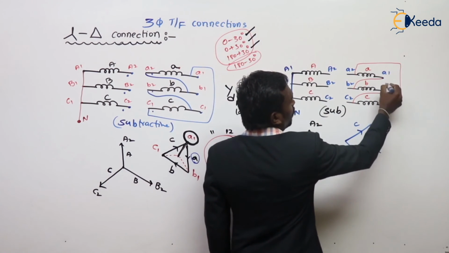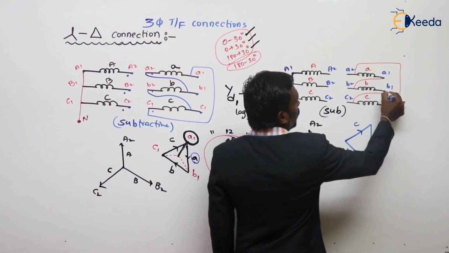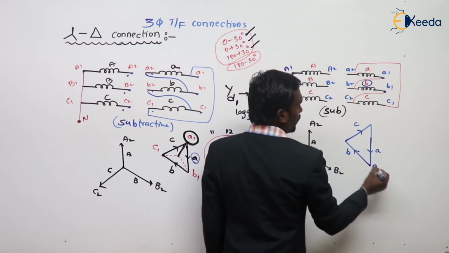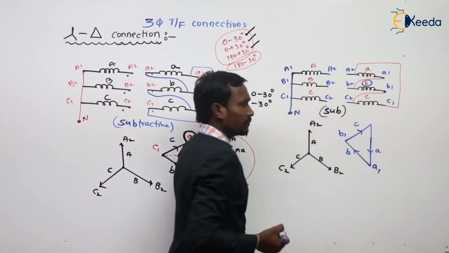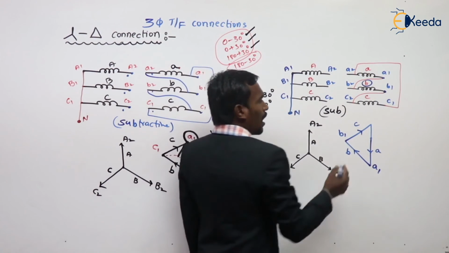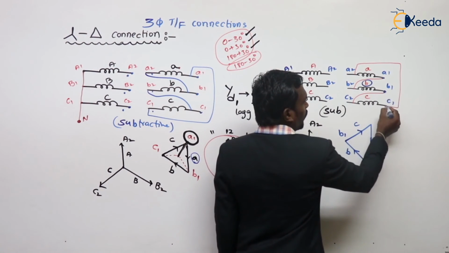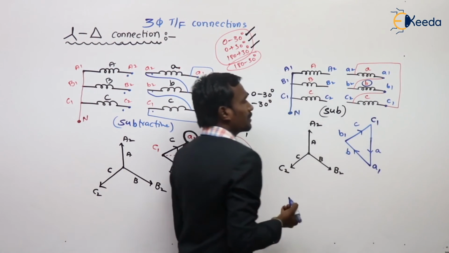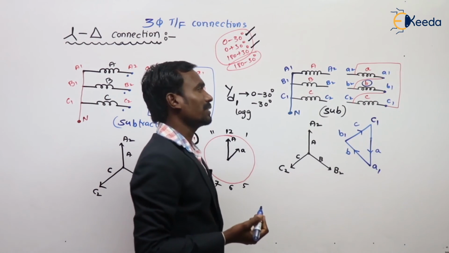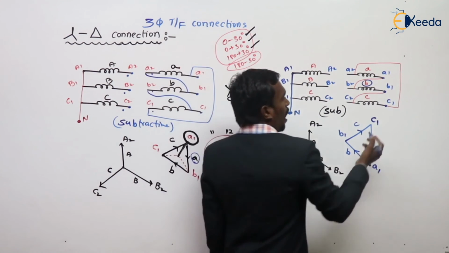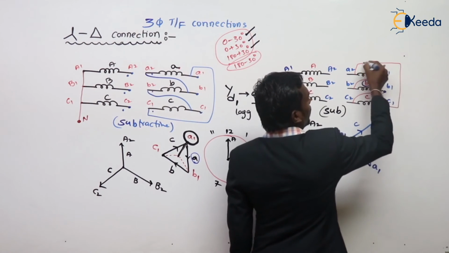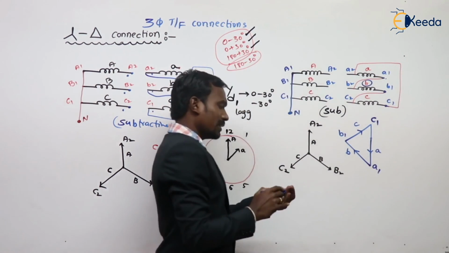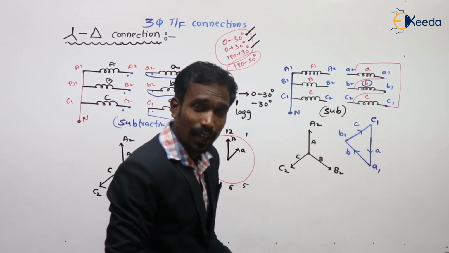Between A1 and B1, B is connected. C is connected in between B1 and C1. And between C1 and A1, A is connected. It's clear, are you okay?